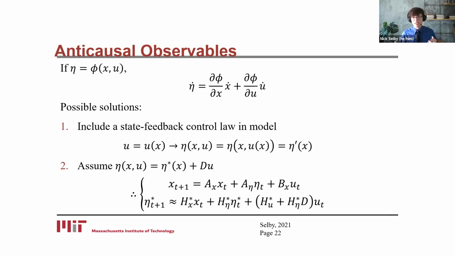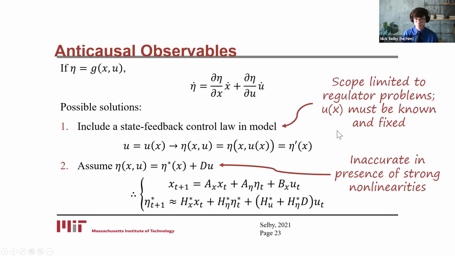So DFL proposes another solution to this problem that assumes the observables eta are linear in U. And then you can just subtract out the effect of the control input on your observables and track this new synthetic observable eta star instead. And this eta star right here is exclusively a function of states. You're not going to run into that causality problem.